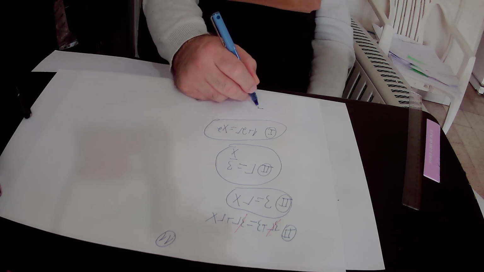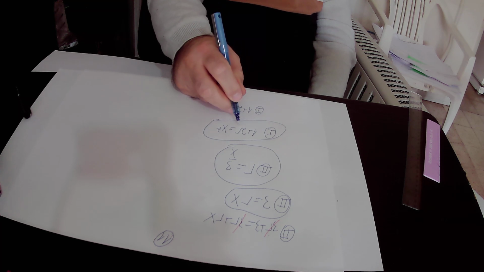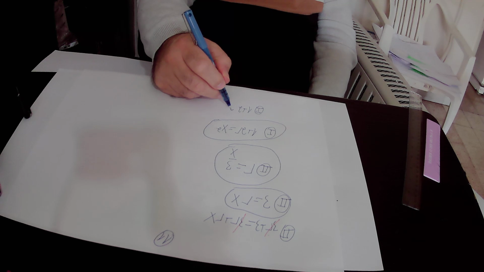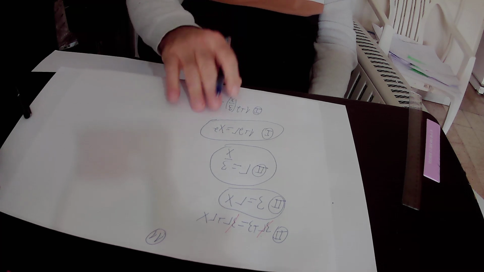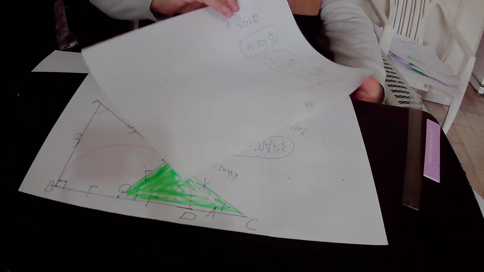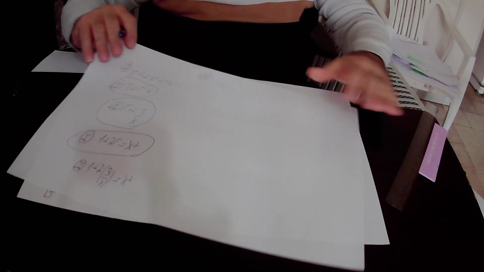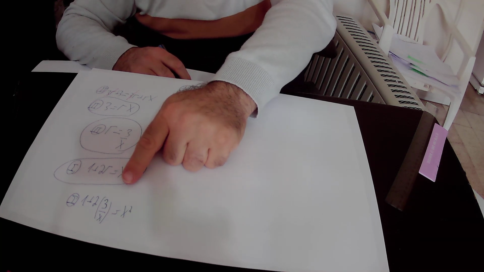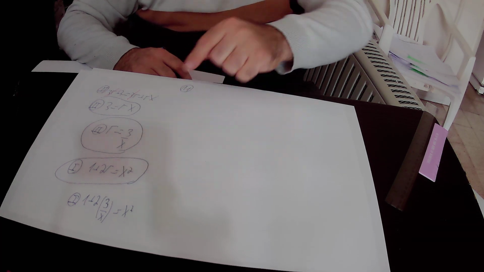Okay, so we'll do it now. We'll get that 1 plus 2 times r, and r is 3 over x according to equation number 2, so it is 1 plus 2 times 3 over x equals x squared. 2 times 3 is 6, so we write it down.